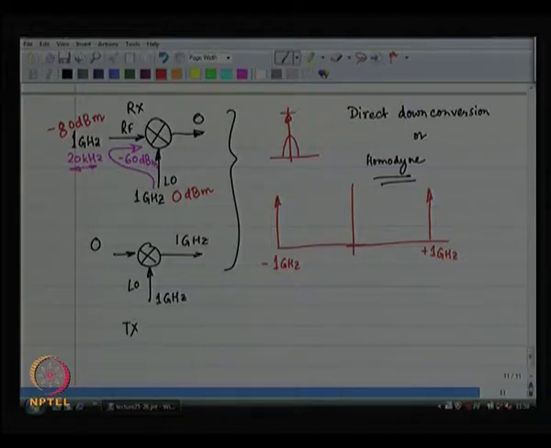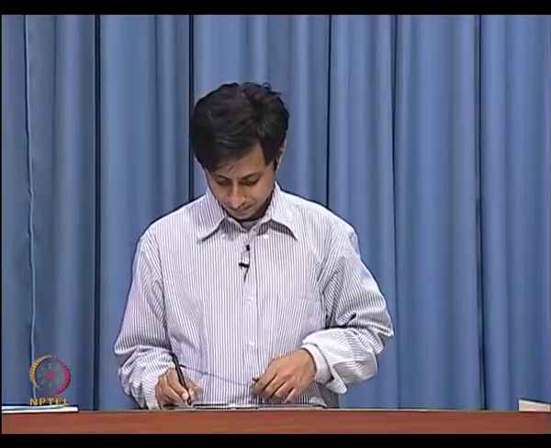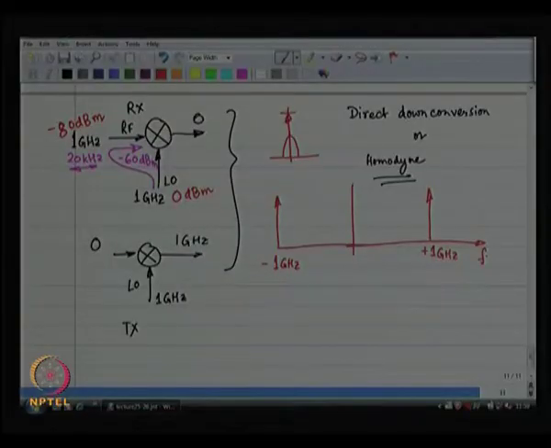Okay. If it is a square wave, impulse functions at plus 1 minus 1 gigahertz, then at plus 3 minus 3 gigahertz, etc. Let us ignore the plus 3 minus 3, it is irrelevant. Also, I am going to knock off this negative portion, it is not really necessary as far as our understanding is concerned.